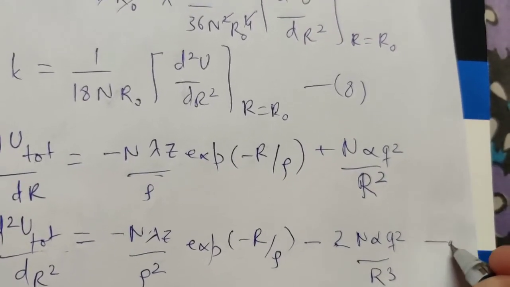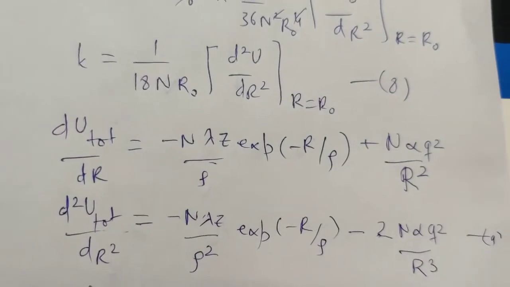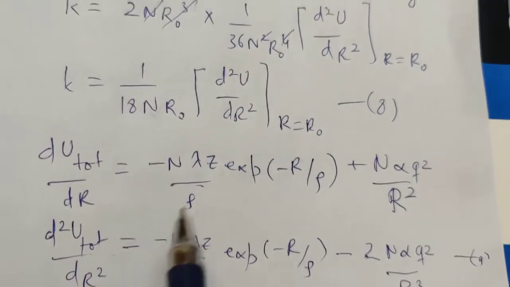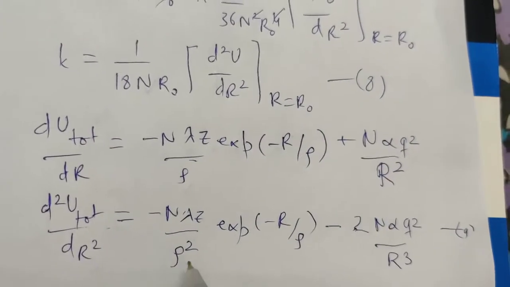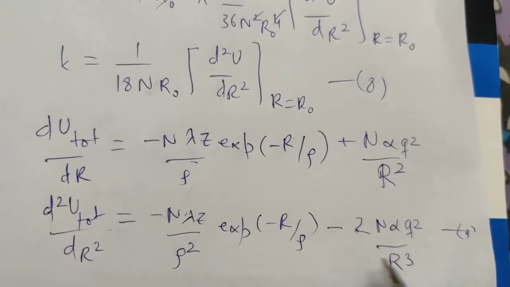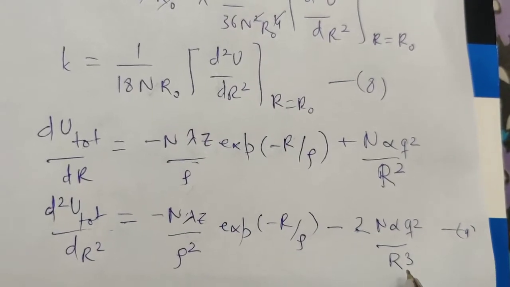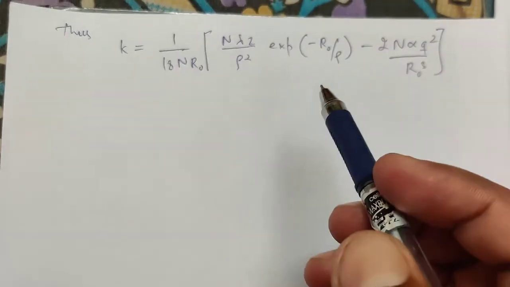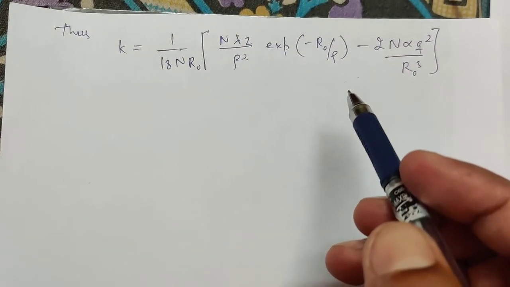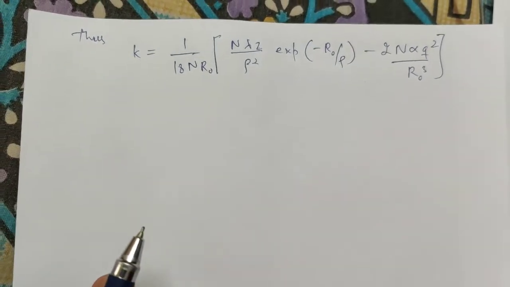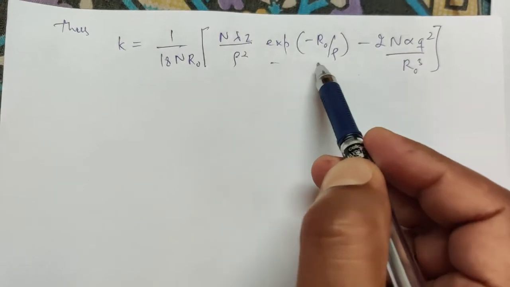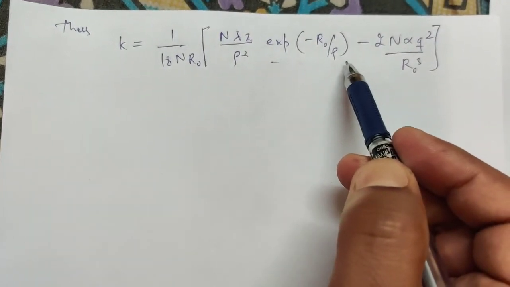This is equation number 9. Put this value into this equation at r naught. So r will become r naught here, and this will be r naught cube. This is the resultant equation by putting the value of d square U total upon dr square. We have also calculated this value in the previous lecture.